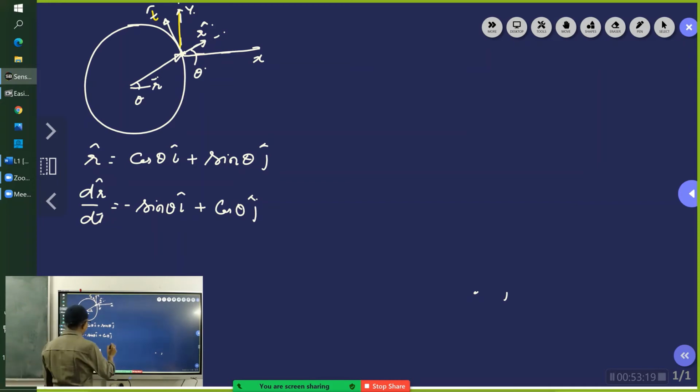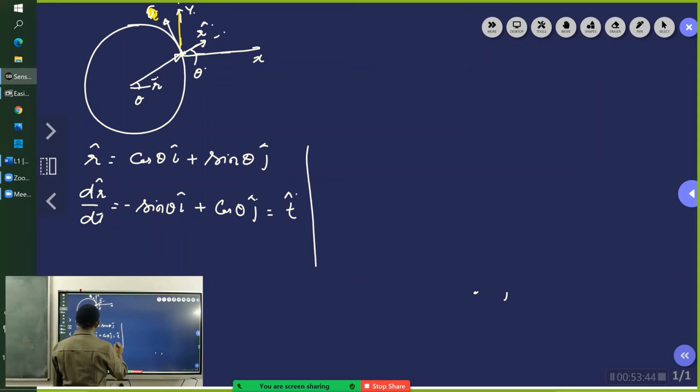You get these two forms. Now, it is just a vector which is perpendicular. I'll give the name to this as t cap.